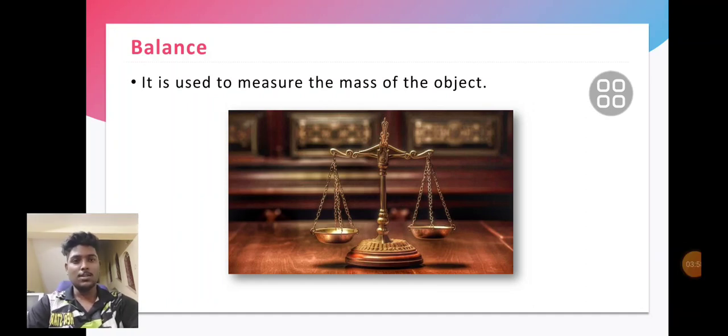It is easily seen in our grocery shops to measure the weight of vegetables and fruits.